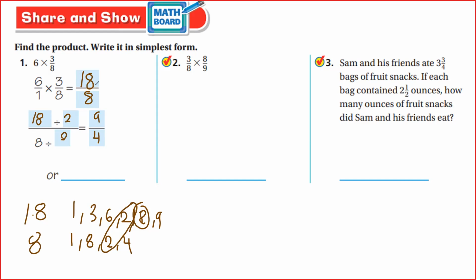Now, is this the simplest form? I think we can do more. Now, if you have the answer as 4 over 9, I mean, if the numerator is less than the denominator, you will stop.